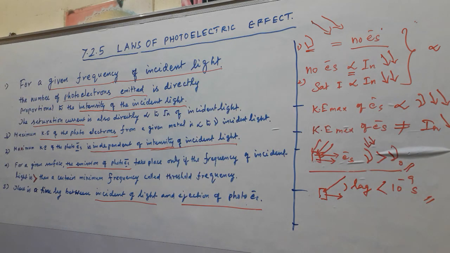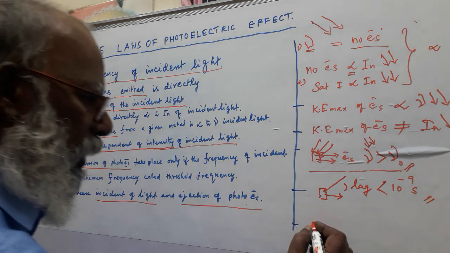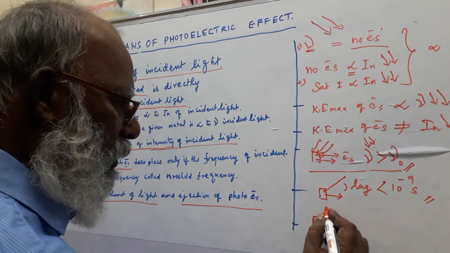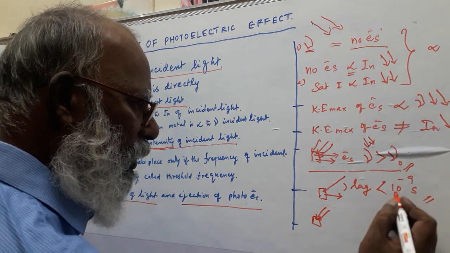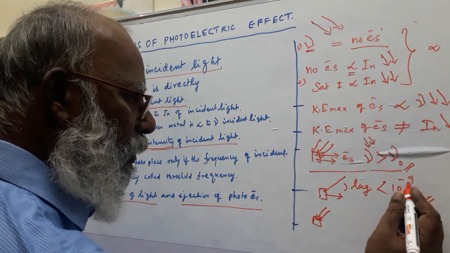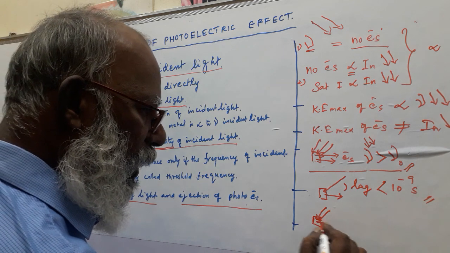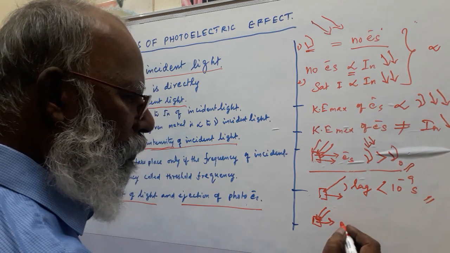That is, this process is called an instantaneous process. That means whenever the incident light rays hit the surface, within 10 power minus 9 seconds the ejection of the electrons may happen.